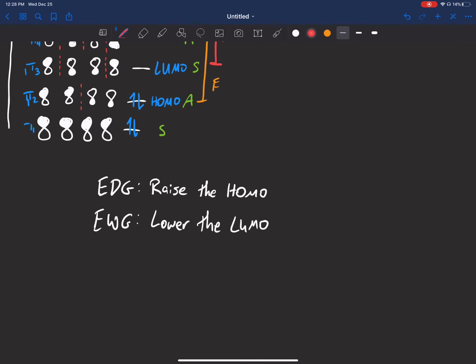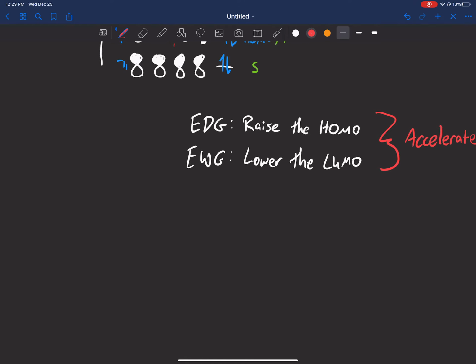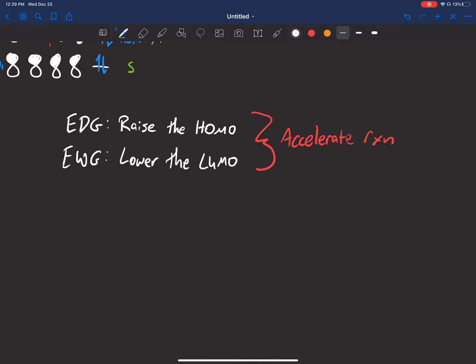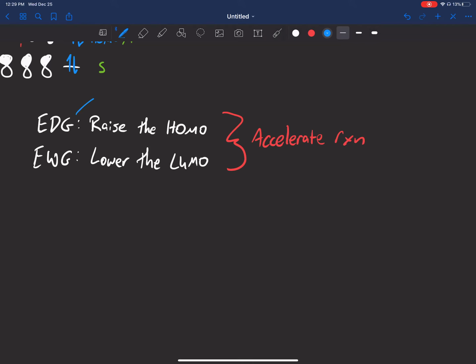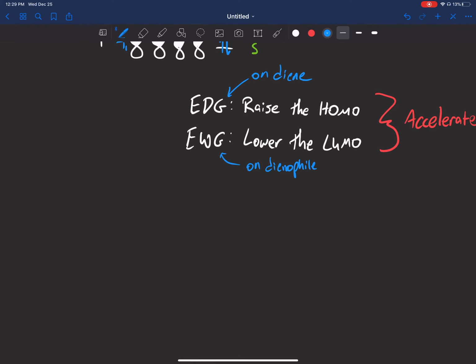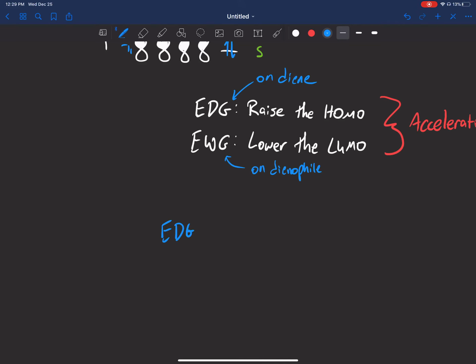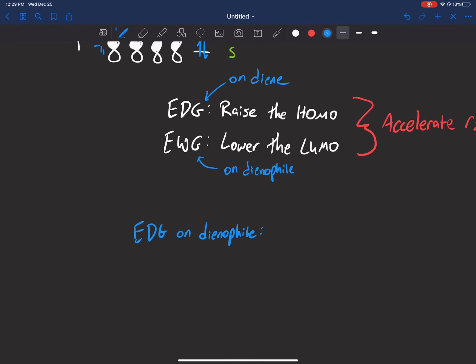Before, these accelerate the reaction, right? And let me just say, on the diene, on dienophile. And so if we have an electron donating group on the dienophile, it's going to raise all the orbitals, but we want to focus really on the LUMO.